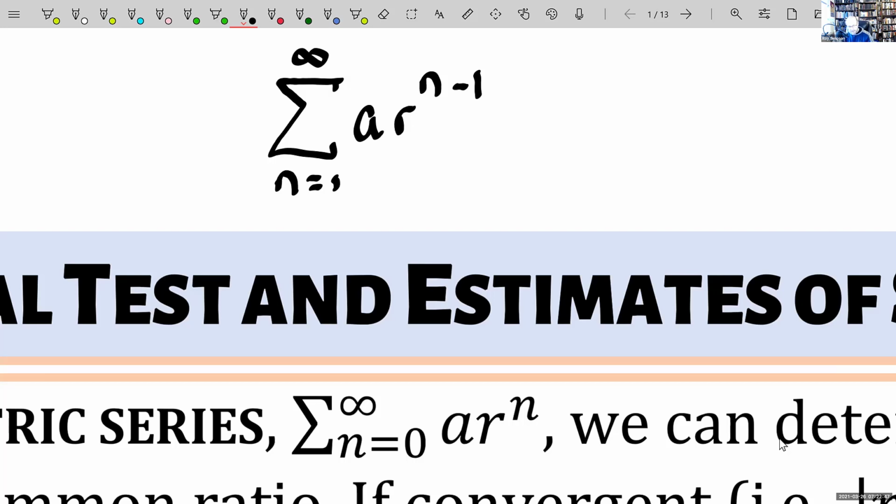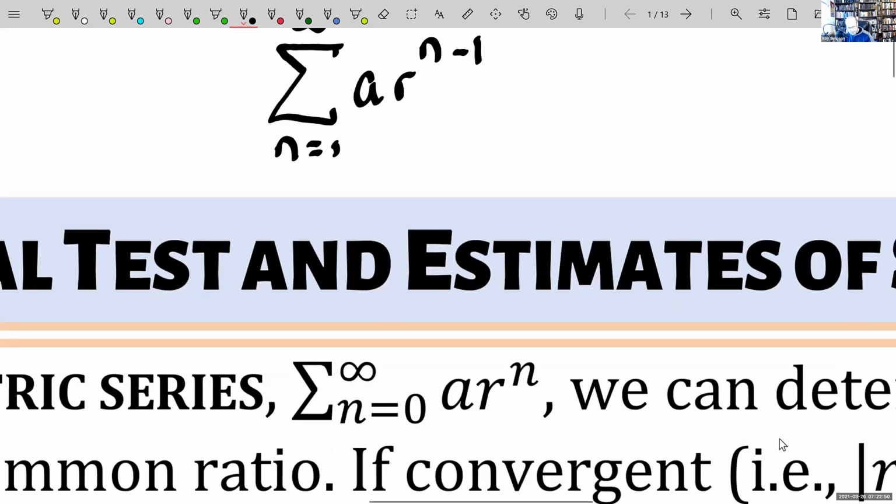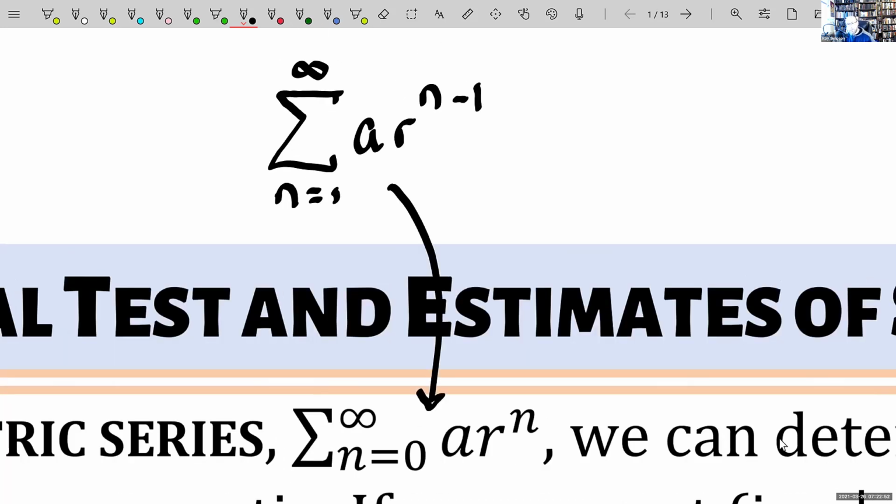I'm telling you right now that that is identical to this down here, because both series start with the power of 0. So they are technically the same series.